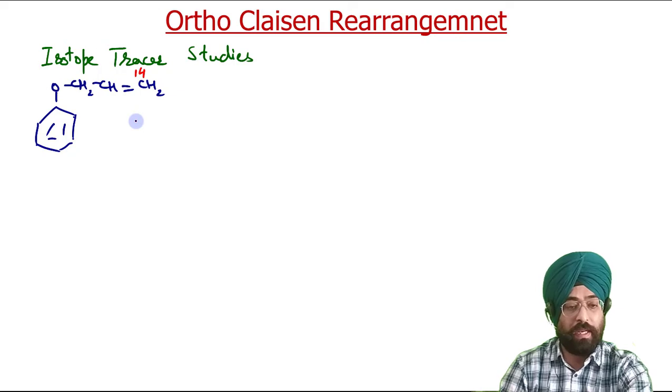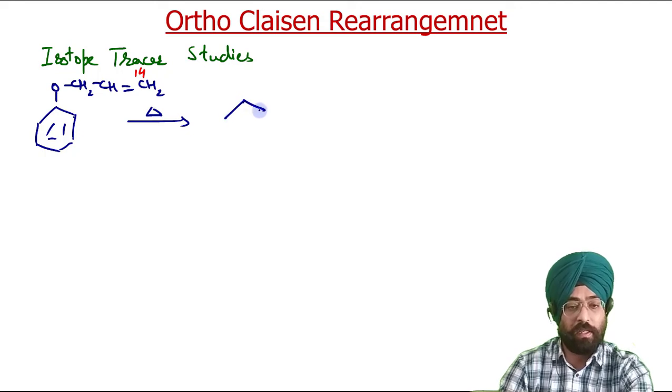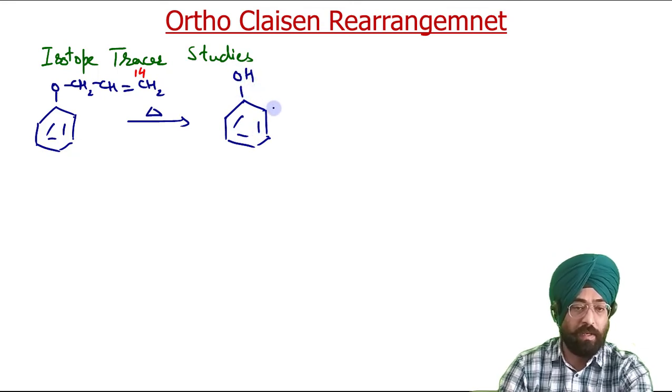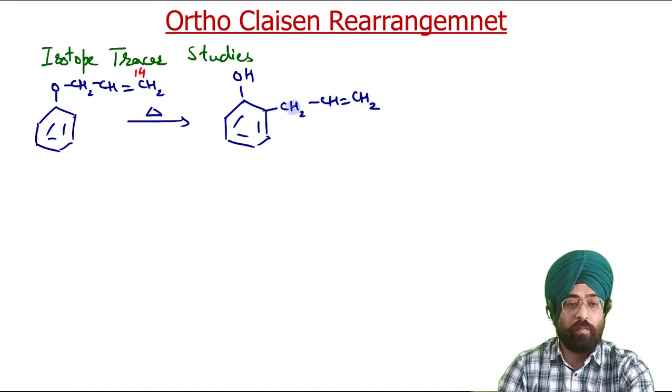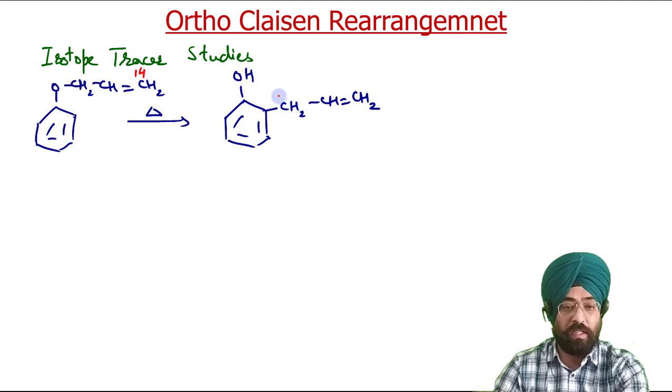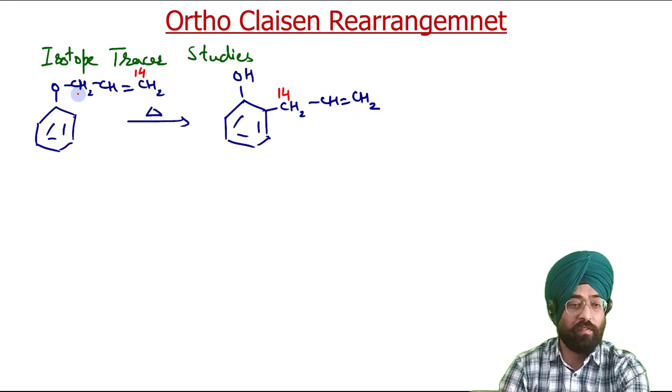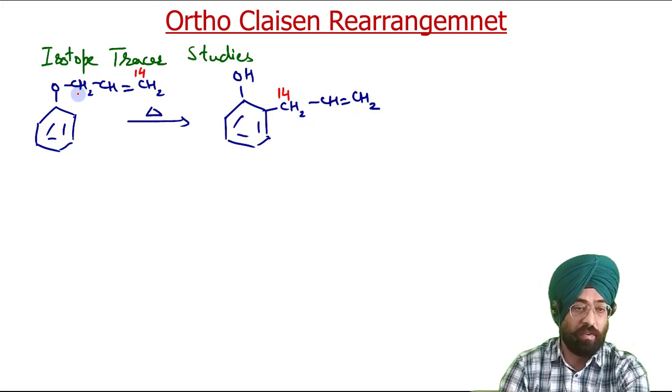Now if we do its Claisen rearrangement, then what will happen? What will be the product? As I have already told you, here will be OH. Now this labeled carbon will get attached here. CH2 CH double bond CH2. So by knowing the position of this labeled carbon, if there had been no inversion, if it had been directly shifted from this to this, then the 14 carbon should be on this carbon.